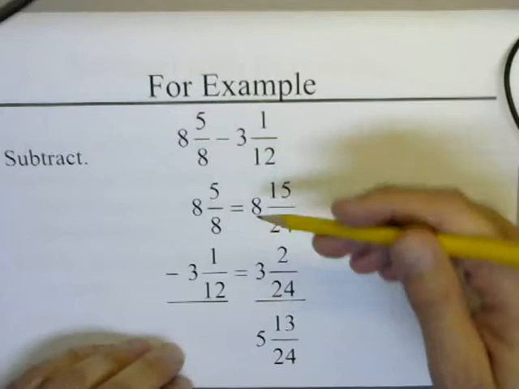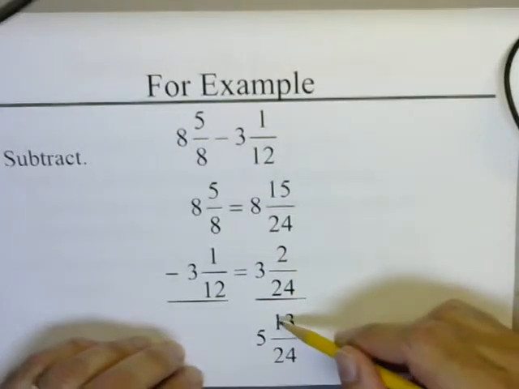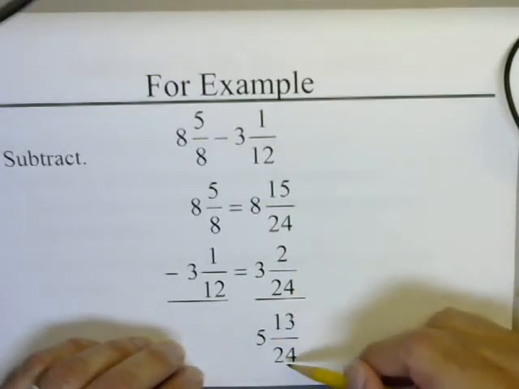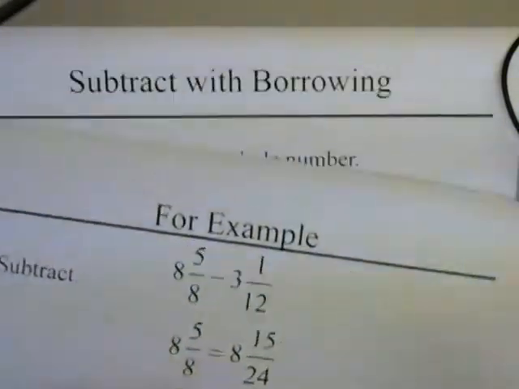Subtract the fractional part, which would be 13/24. Now, because this is a proper fraction, we don't need to do what we did in the last problem. We could just leave that as 13/24.